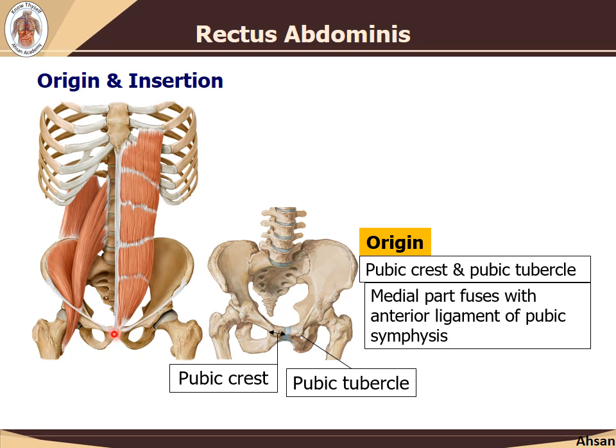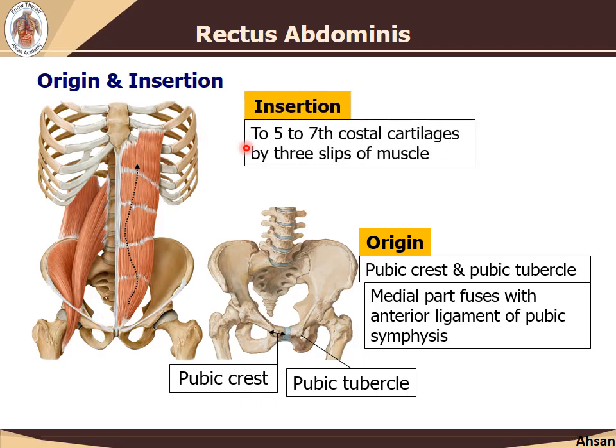Here, transversely, the body of the pubic bone is connected together by a ligament, and the medial part of this rectus abdominis muscle fuses with the medial part of the opposite side and becomes continuous with this ligament. So from this strong attachment, the parallel fibers go up.